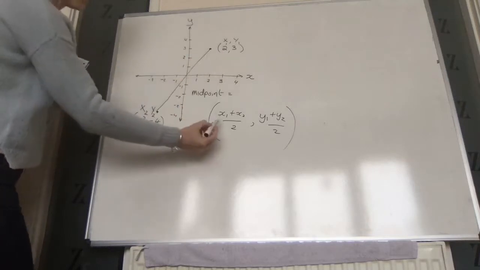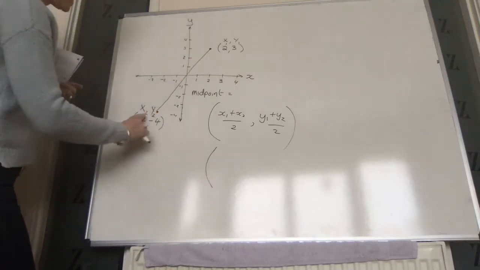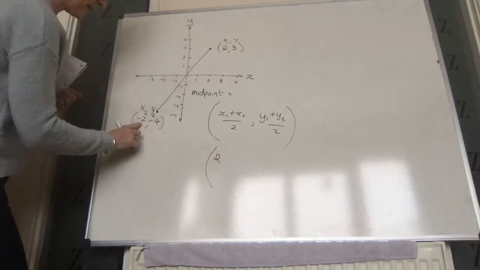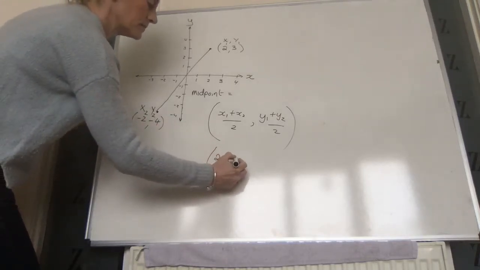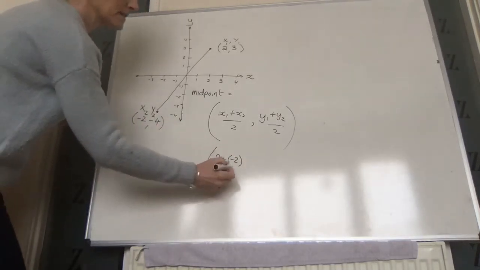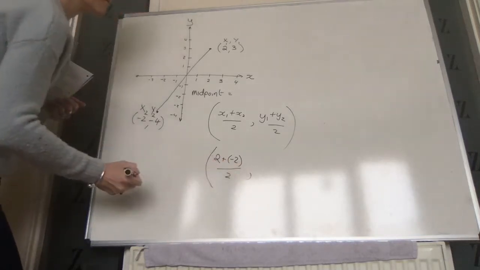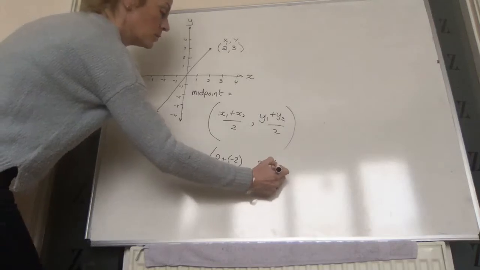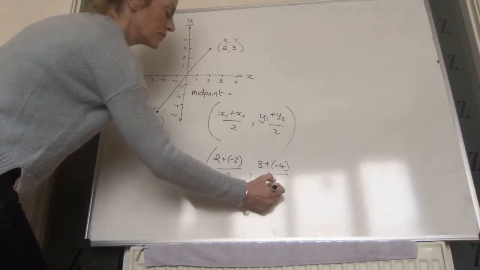So now we just follow the formula. x1, which is 2, plus x2, which is -2, over 2, comma, y1 plus y2 over 2.